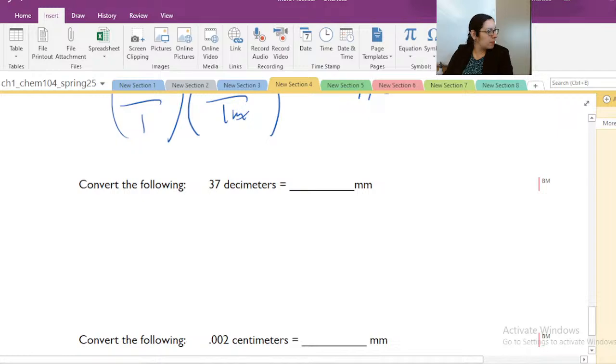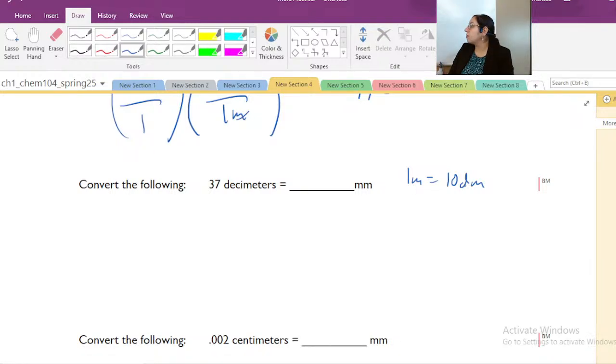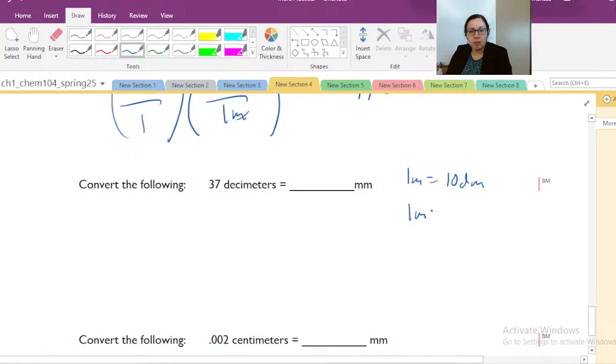From what you told us, you said 1 meter is 10 decimeters. So I've got decimeters already. And we needed to convert into millimeters. And 1 meter is equivalent to 1,000 millimeters.